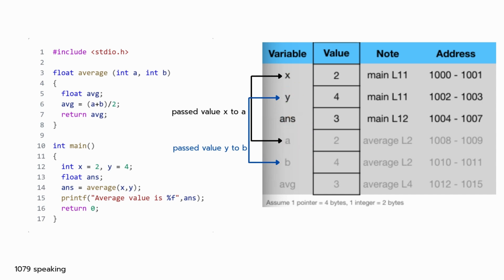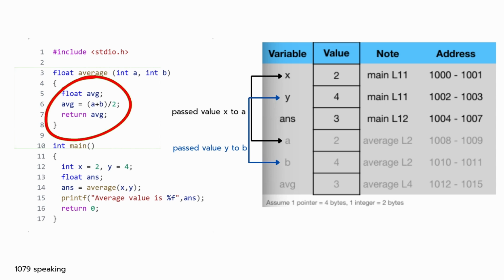Inside the function average(int a, int b), two new variables a and b are created in a separate memory area. They receive copies of x and y, so a is equal to 2 and b is equal to 4. Then on line 5, a new variable avg is declared to store the result.